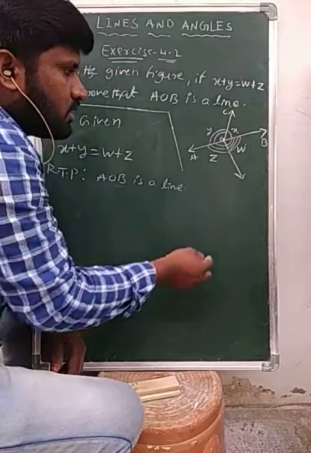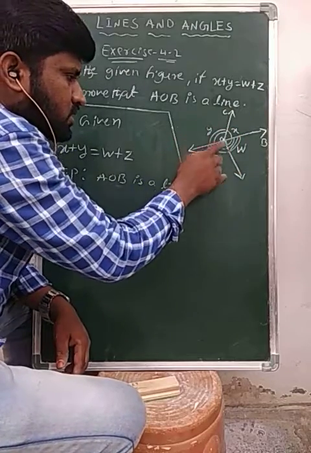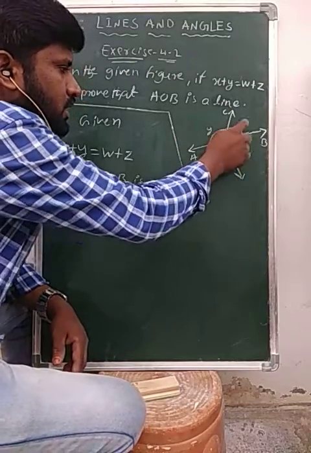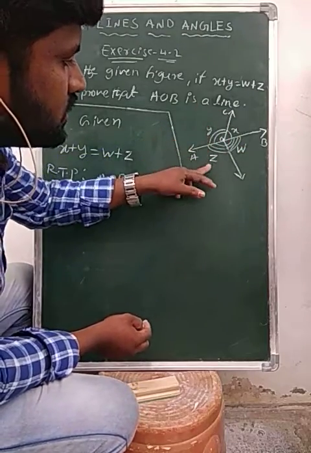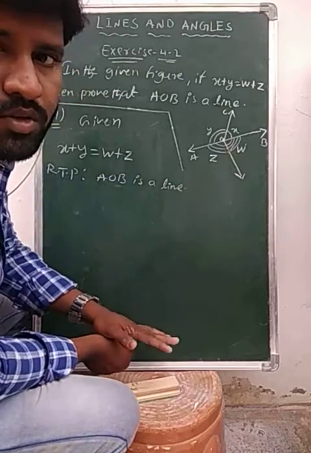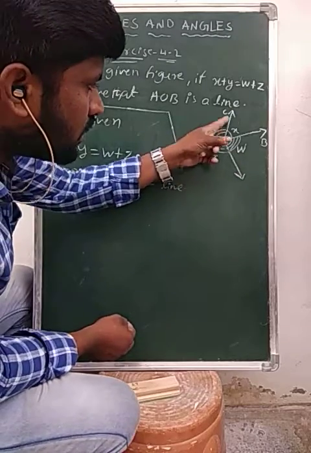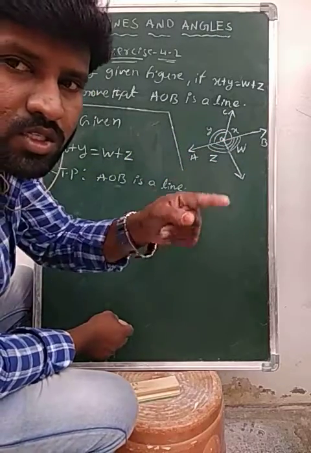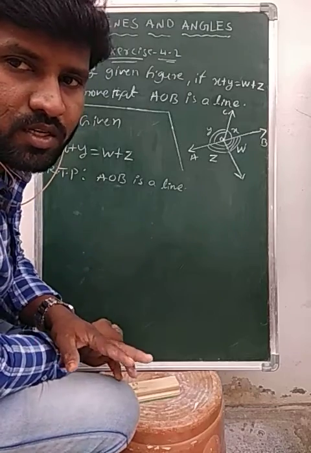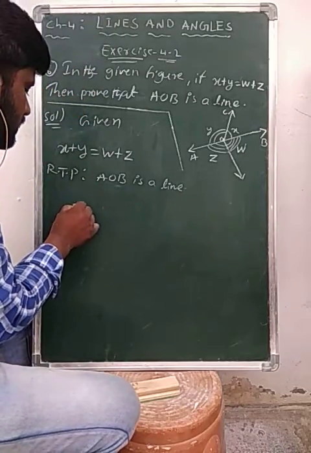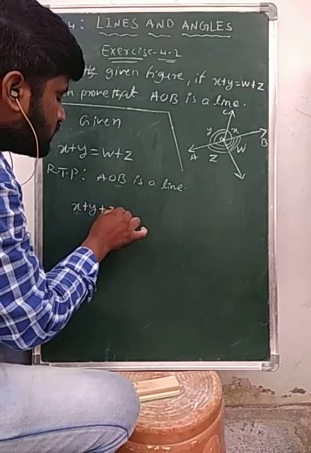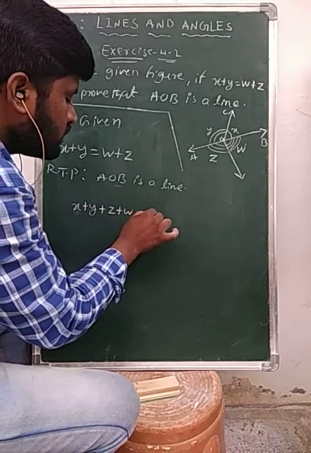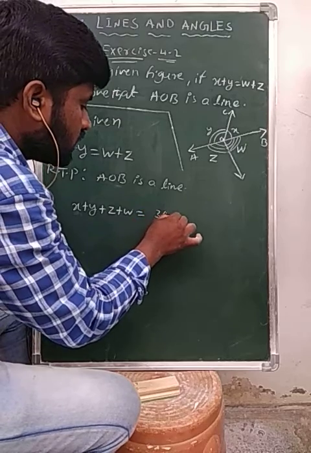By observing the figure, x plus y plus z plus w, the sum of all angles at a point is equal to 360 degrees, we know. Yes or no? You can write x plus y plus z plus w is equal to 360 degrees.